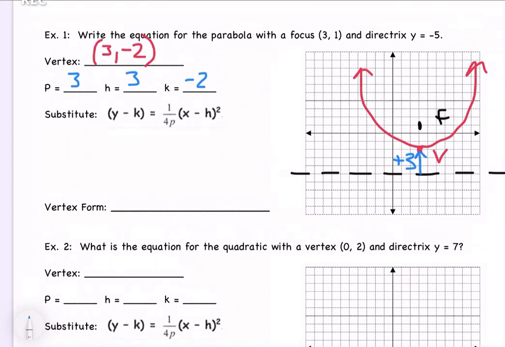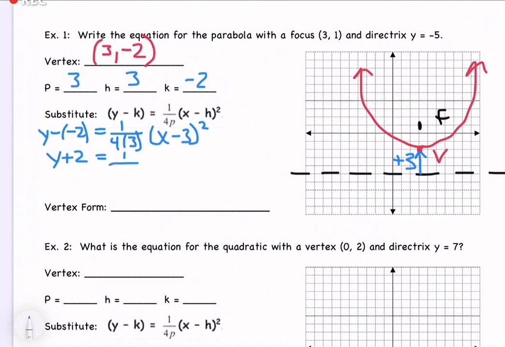And we're just going to plug those in. So y minus -2 equals 1 over 4 times p, which is 3, times x minus h, x minus 3, the quantity squared. So that becomes y plus 2 equals 1 over 12 times x minus 3 squared.